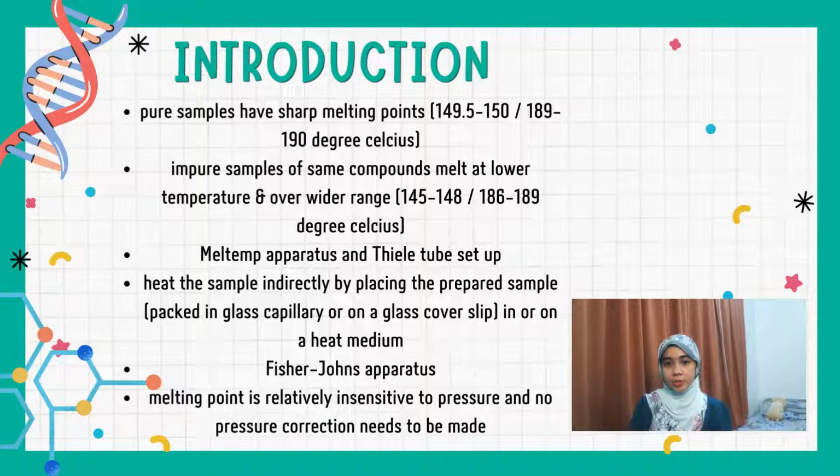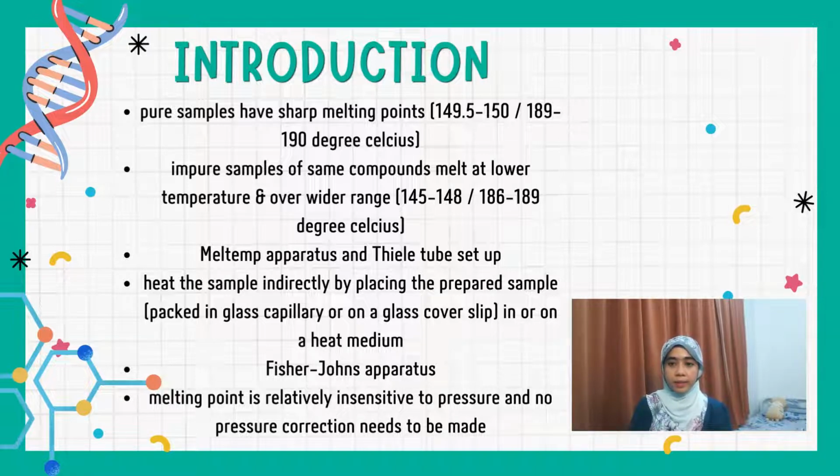Pure samples usually have sharp melting points, for example, 149.5 to 150 degrees Celsius or 189 to 190 degrees Celsius. However, impure samples of the same compound melt at lower temperatures and over a wider range, for example, 145 to 148 degrees Celsius or 186 to 189 degrees Celsius.